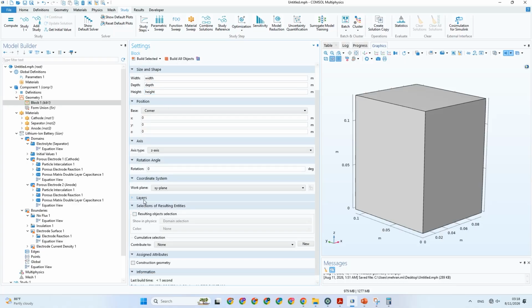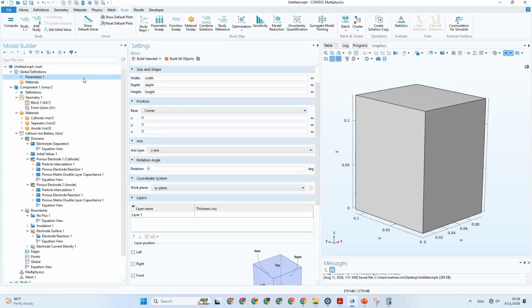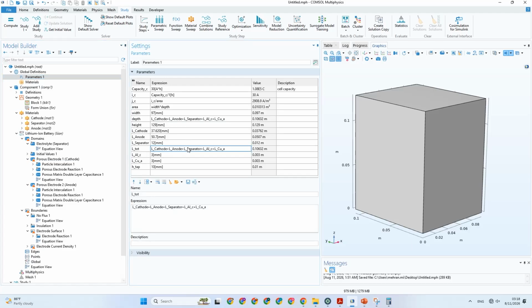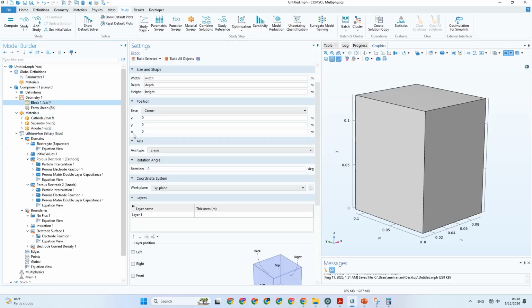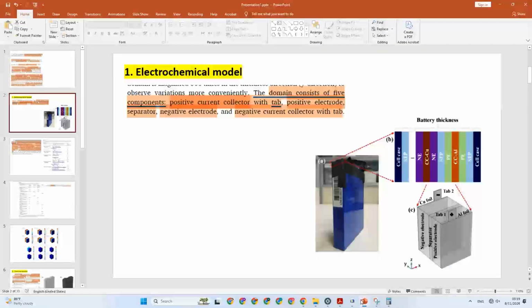Okay, here we can choose layers that we write here. I bring it in the layers. I add the layers from L cathode, we want to start from the back, that is cathode, positive electrode or cathode, okay.